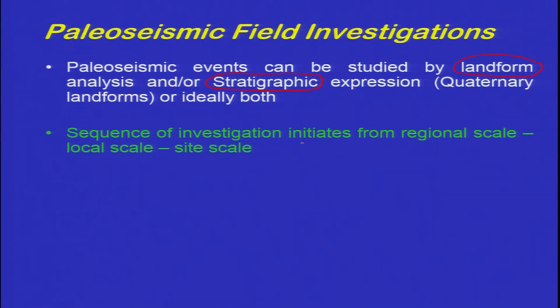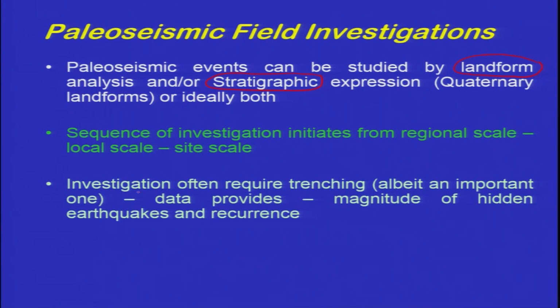The sequence of investigation initiates from regional scale, local scale, and site scale. This we have already talked about: either you can say the global one, then coming to the regional and the local or site-specific scale, you need to do investigation. It often requires trenching, albeit an important one.